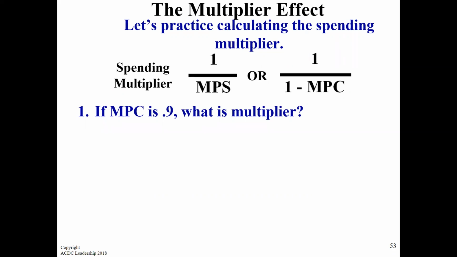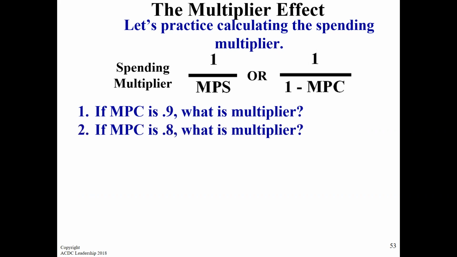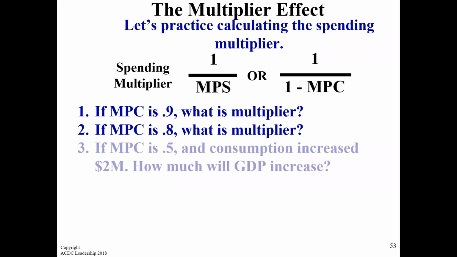It's 1 over 1 minus 0.9, that would be 1 over 0.1, which is 10. And you have a calculator, so you'll be fine. Hunter, if the MPC is 0.8, that would be 1 over 1 minus 0.8, which is 1 over 0.2, and that's 5.